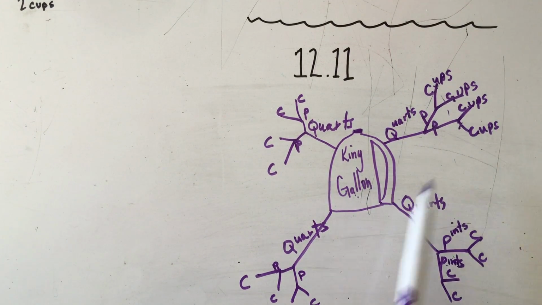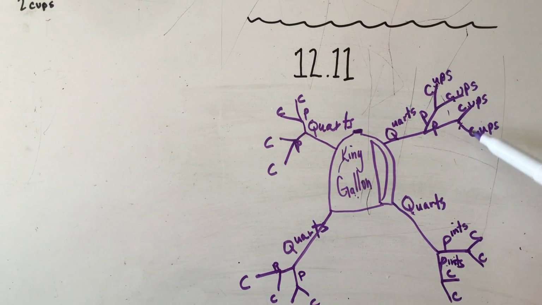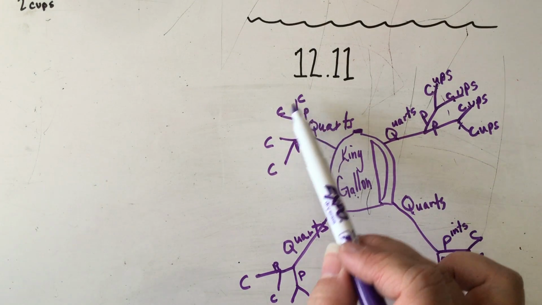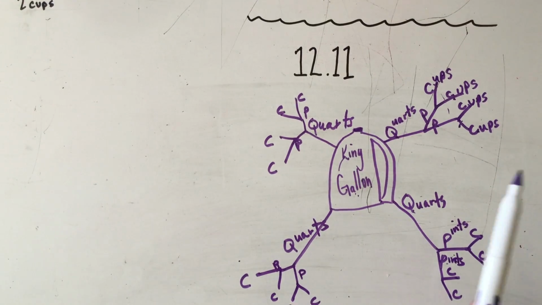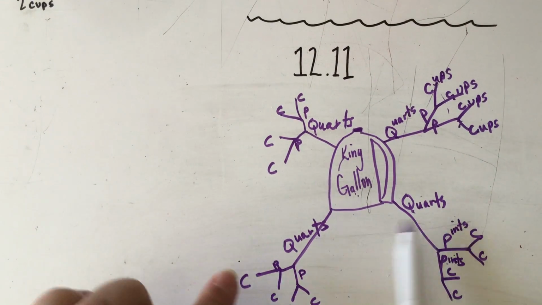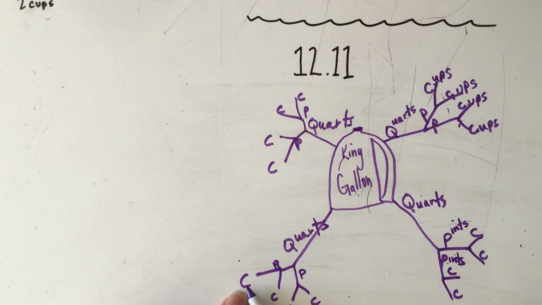But if we look how many cups there are in the whole gallon, then we have 4, 8, 12, and 16 cups in 1 gallon. If we only wanted to know 2 quarts, how many cups are in 2 quarts? Well, we have 1, 2, 3, 4, 5, 6, 7, 8 cups in these 2 quarts.